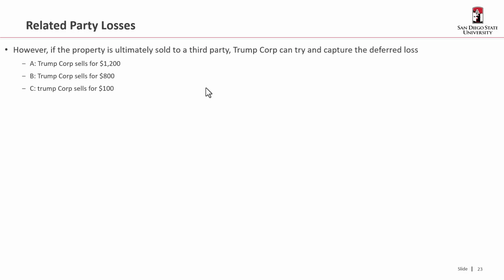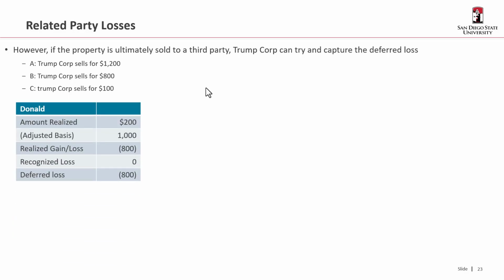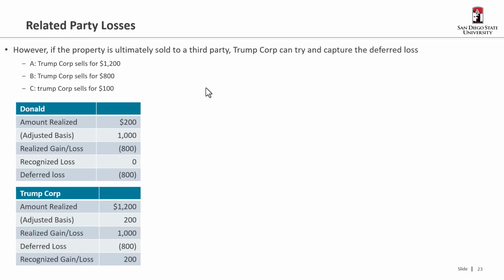So let's see what happens if Trump Corp ultimately tries to sell the stock later, right? Trump Corp became the owner of this MySpace stock, and let's say under scenario A it decides to sell it for $1,200. First we have Donald's sale, which we just covered, so he generates that $800 loss. None of it is recognizable; all $800 is deferred. Then Trump Corp comes along and sells that MySpace stock for $1,200. Their basis was $200.